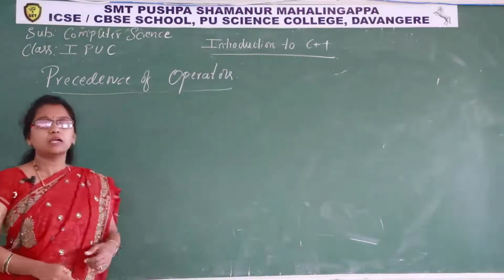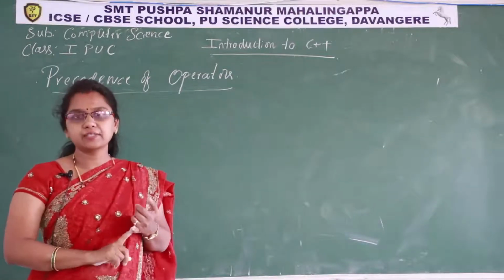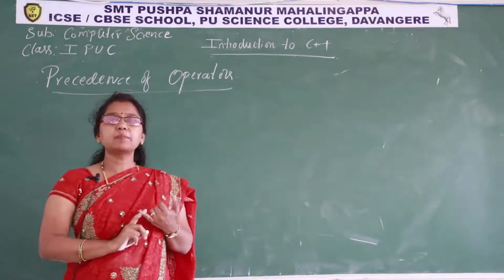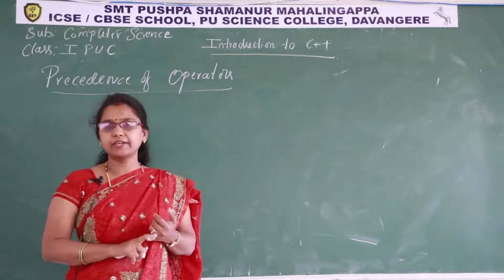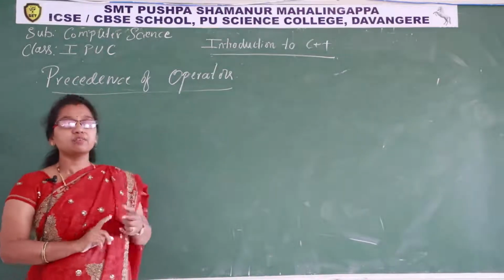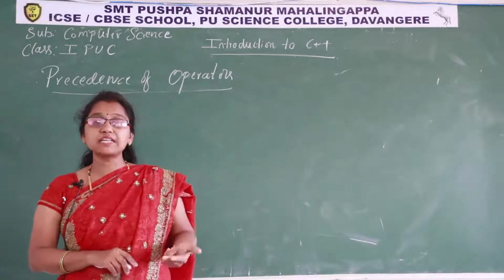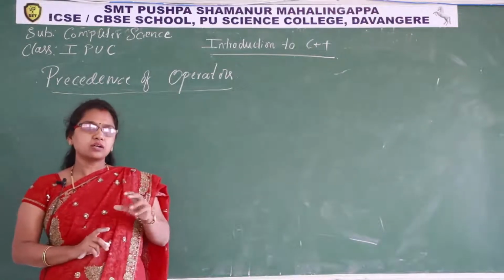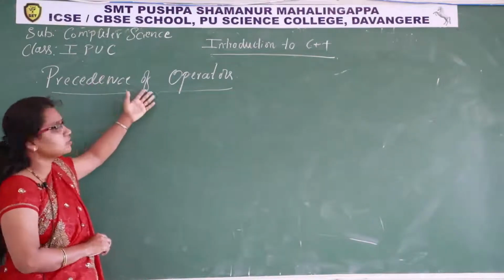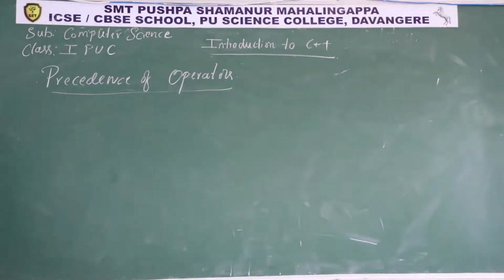See students, if an expression has multiple operators, then the order in which that expression has to be evaluated depends on the priority of operators. This is called precedence of operators. Which operator has the highest priority, which has the next priority, which has the least priority. So this concept we call priority, or precedence of operators. So how do we define this? Write down.